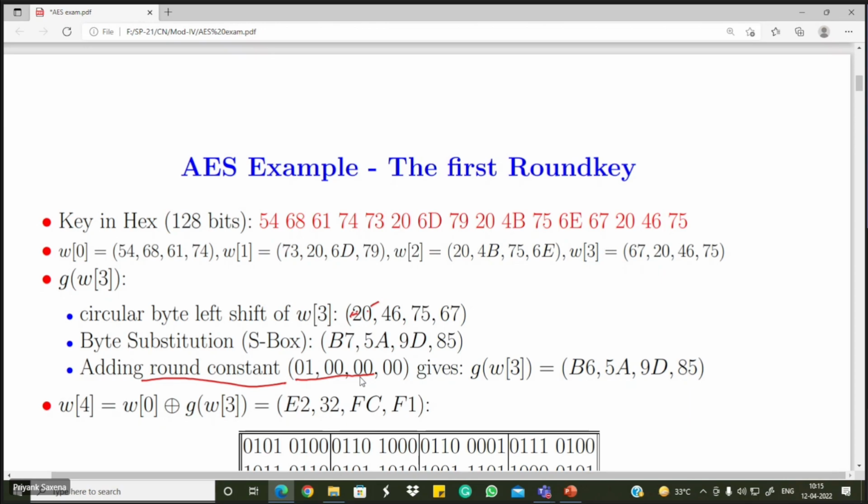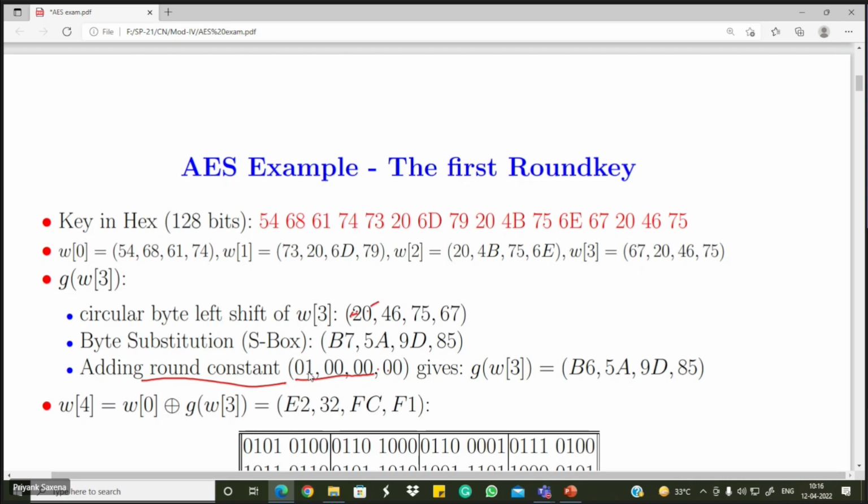And these three bytes will be 0, right? So adding the round constant, we add this round constant as 1, making this shift by 1, so that is B6, 5A, 9D, 85, right? And then we generate W4.